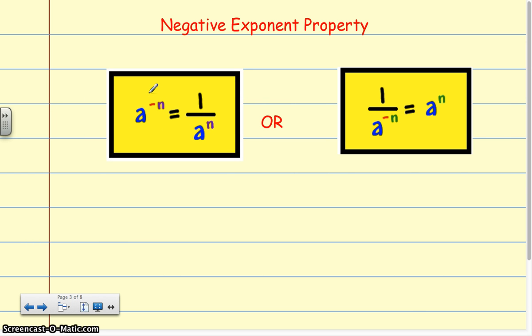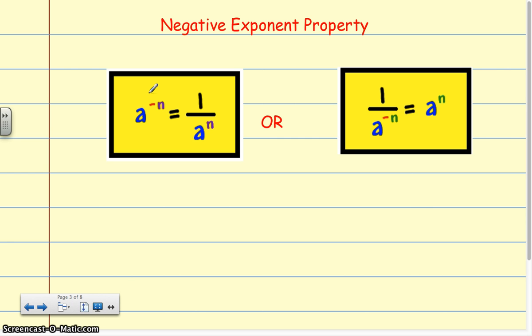So a to the negative n would equal 1/a to the n. Or if you have 1/a to the negative n, you just kind of flip it. This just turns into a to the positive n. It's like finding reciprocals. And once you reciprocate it, it turns positive.